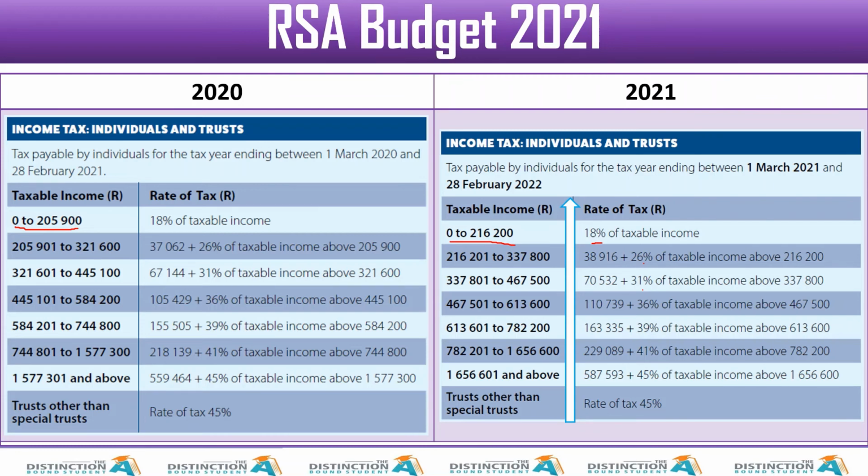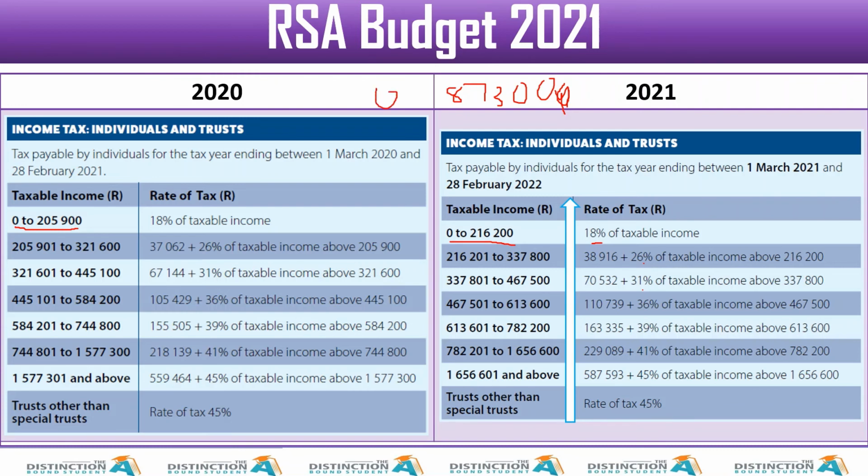So what is that relief that the minister was talking about? Like I explained already, what is going to be taxed is income above 87,300.